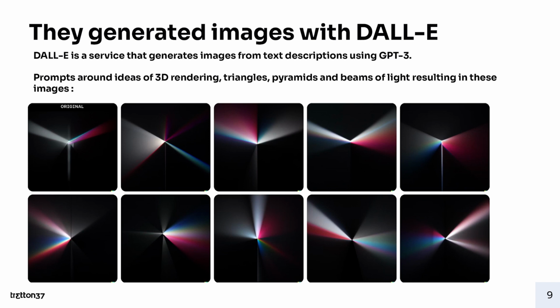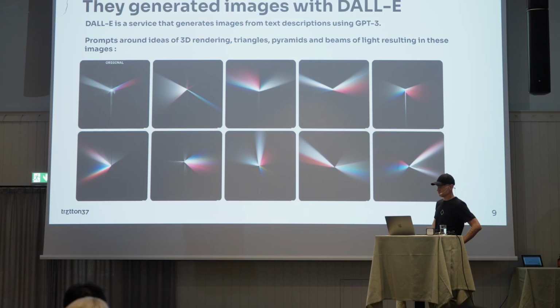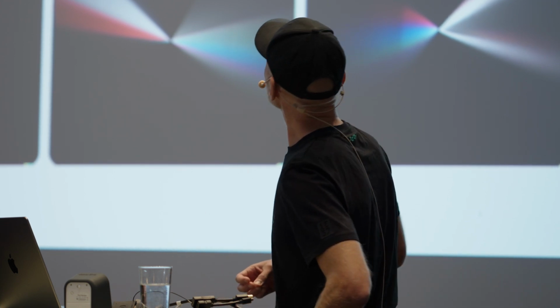It's a service that generates images from text descriptions using GPT-3. They were using ideas around 3D rendering, triangles, pyramids and so on, and beams of light. And here you have images. Okay, this is cool, I think.